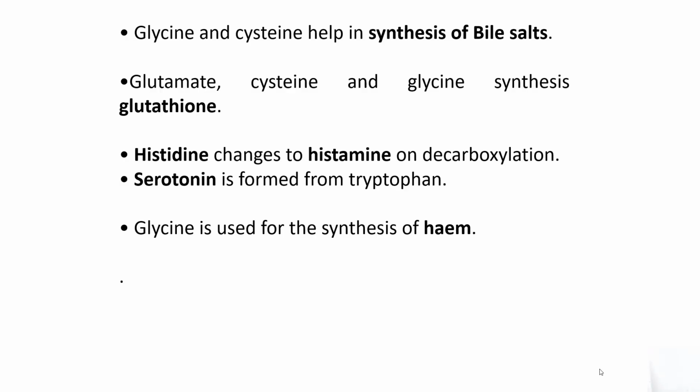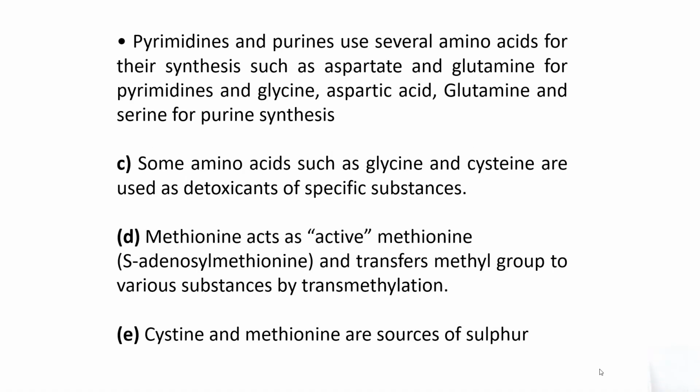Serotonin is formed from tryptophan, and glycine is used for the synthesis of heme. Pyrimidines and purines use several amino acids for their synthesis, such as aspartate and glutamine for pyrimidines, and glycine, aspartic acid, glutamine, and serine for purine synthesis.